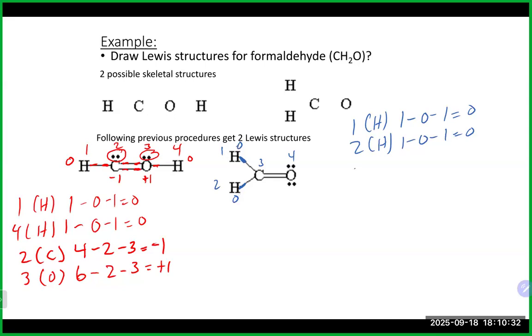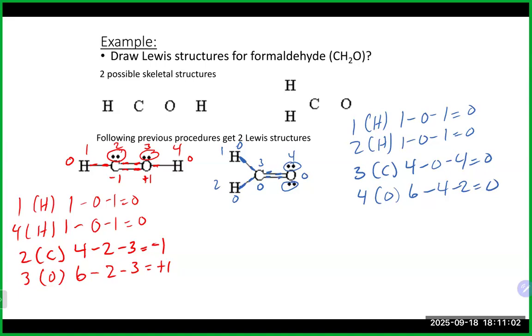Now number 3, which is our carbon: 4 minus 0, as there are no dots on the carbon, and the carbon does have 1, 2, 3, 4 bonds like it should, so that is 0. And lastly, we have our double bonded oxygen, which is 6 minus 4 non-bonding electrons, minus the 2 bonds, which is 0. So the structure on the right has 0 for everybody.